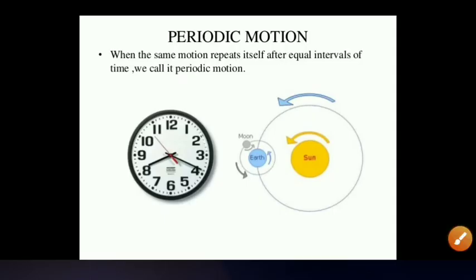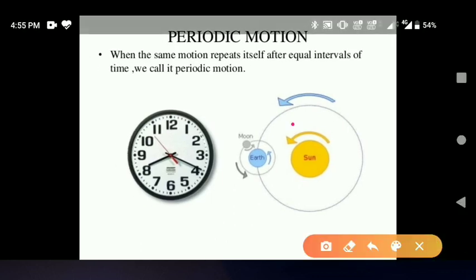Periodic motion. In both oscillatory and vibratory motion, the motions of the bodies are repetitive and the time taken to complete a single oscillation or vibration remains the same. When a body repeats its motion after a fixed time interval, its motion is called periodic motion.